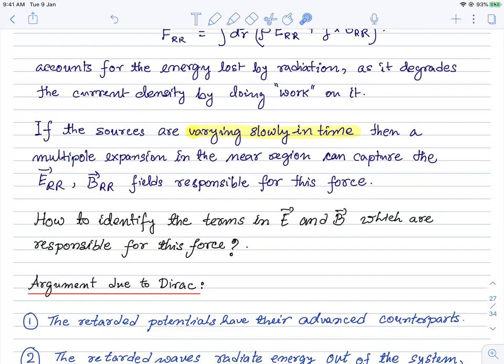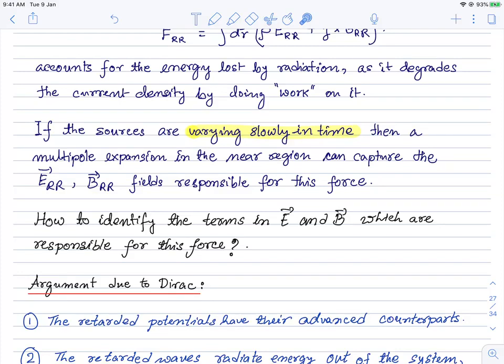Okay, and these are the radiation fields. There are other terms in the electric and magnetic fields that are not contributing to radiation at all, and therefore their corresponding energies are not actually affecting the charge configuration in any way. Their energies remain as they are. There's nothing that escapes the charge configuration as such.